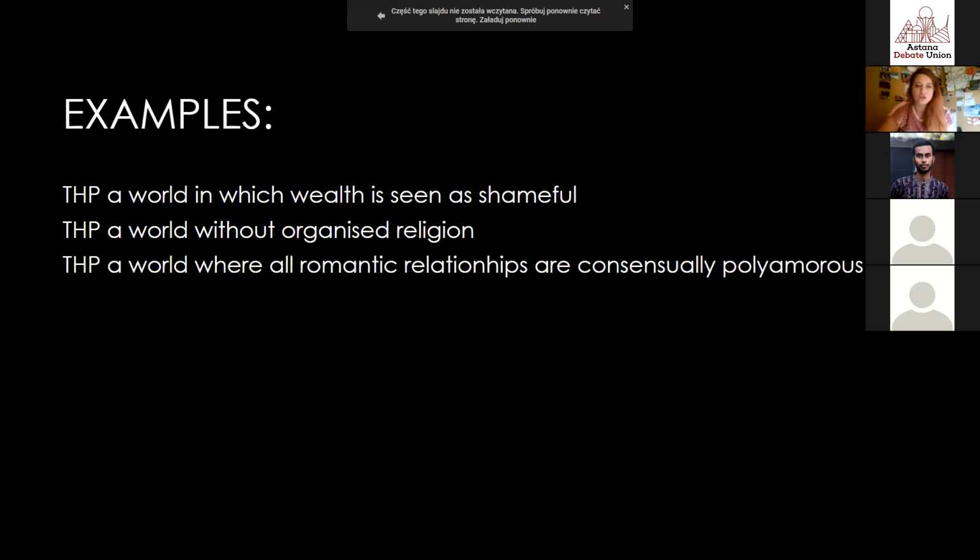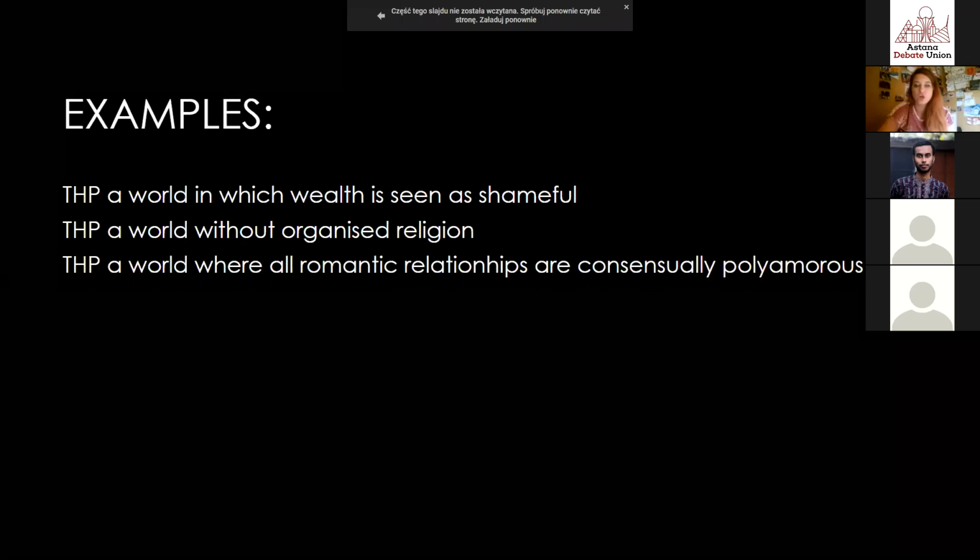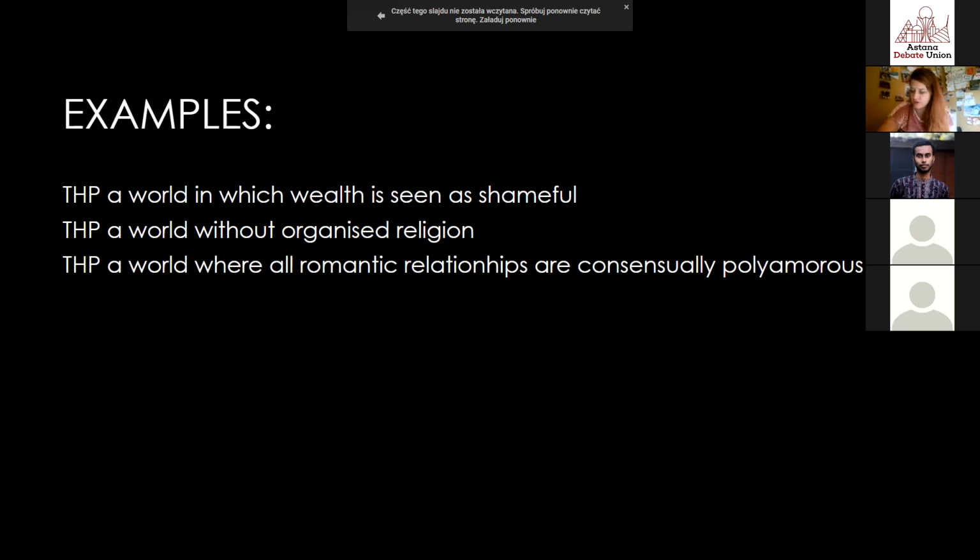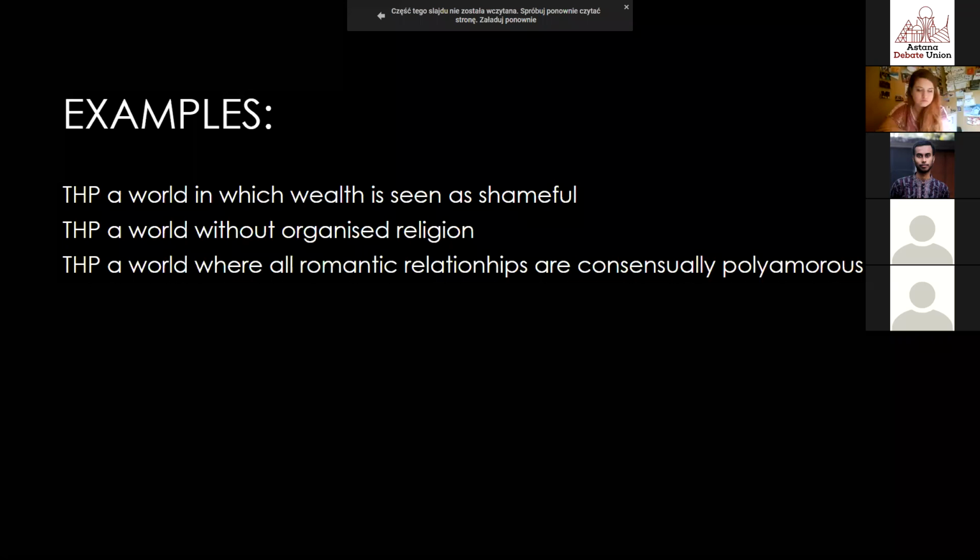This House prefers a world in which wealth is seen as shameful. This House prefers a world without organized religion. Probably something will still happen with religion, so if not organized religion, explain what instead. If it's a world in which wealth is seen as shameful, explain what you mean by shameful, how these people will be subjected to attention.